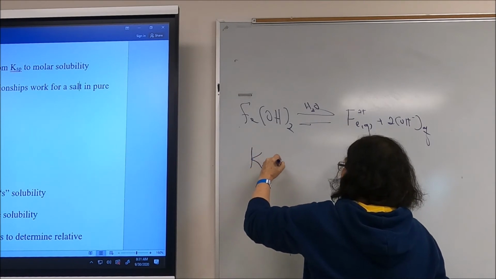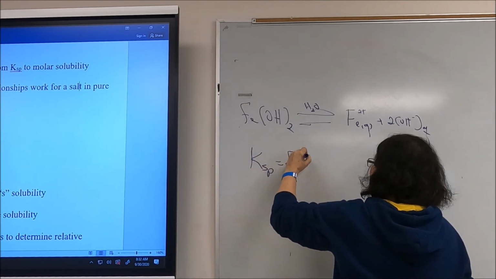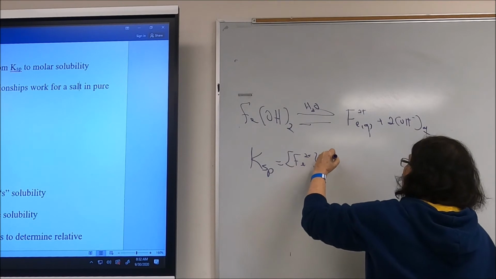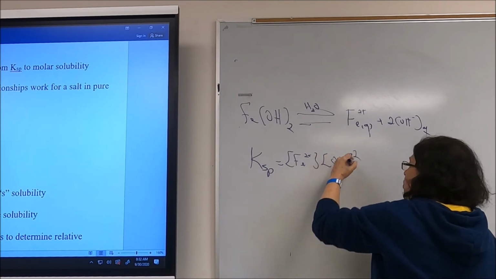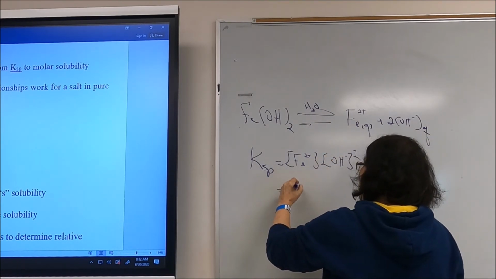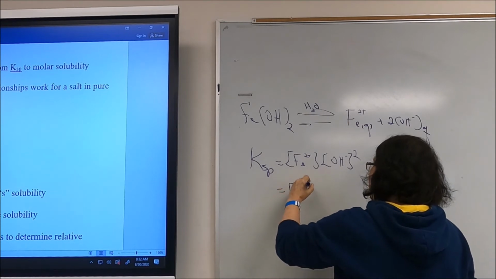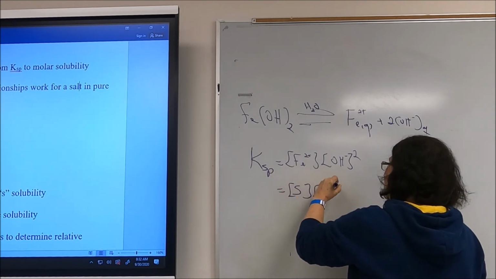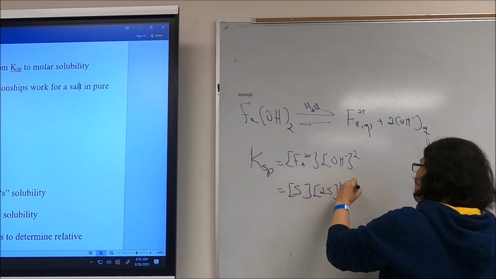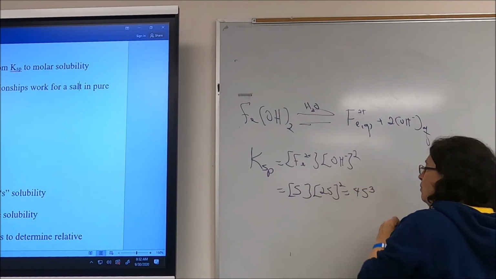So KSP would be iron 2 plus times hydroxide squared, or we can think about it, since this is in pure water, as S times 2S squared, so that's where I get the 4S cubed.